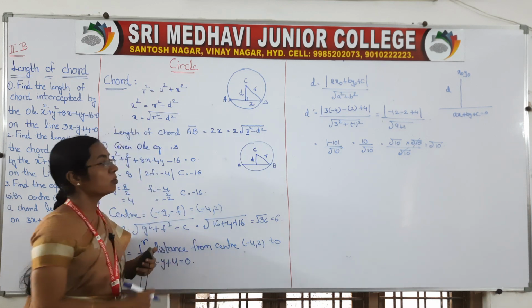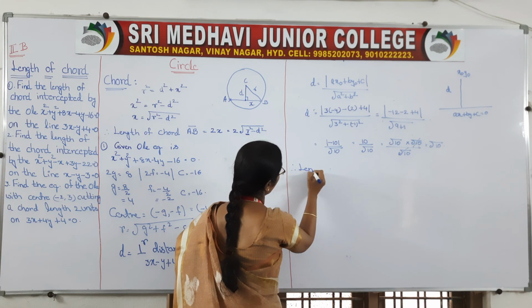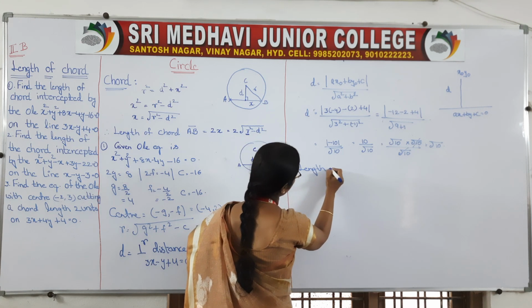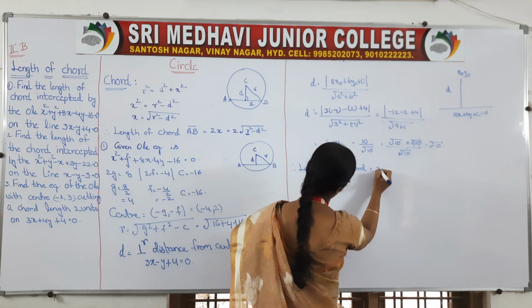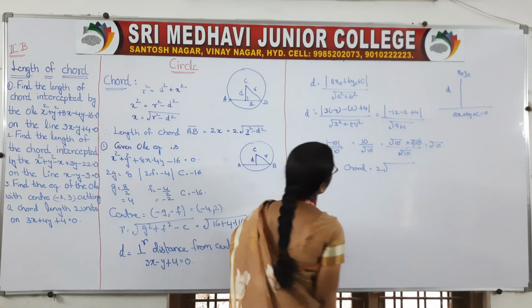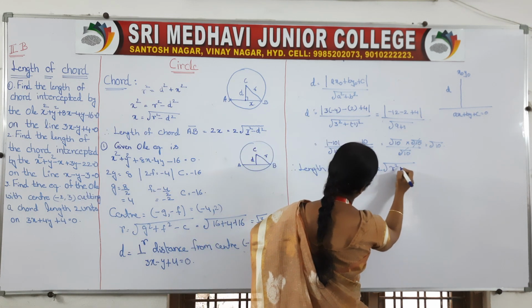We got the r value and the d value. Therefore, what is the formula for length of the chord? 2 into root of r square minus d square.